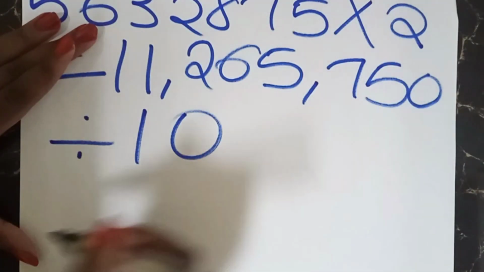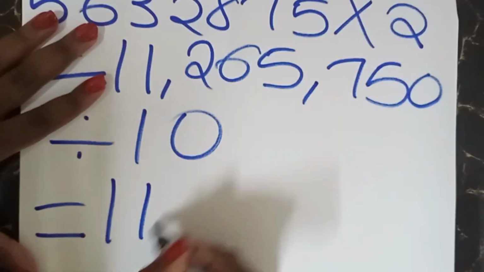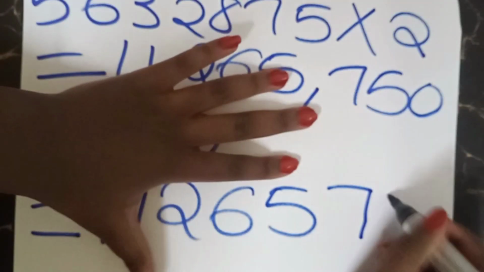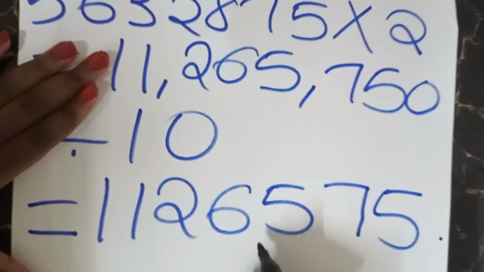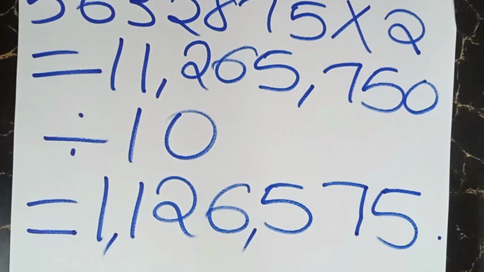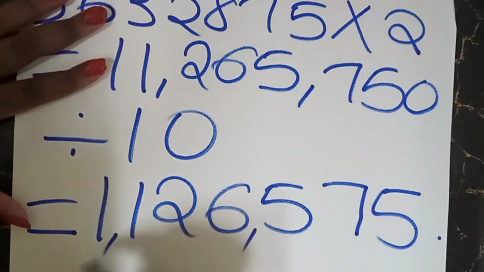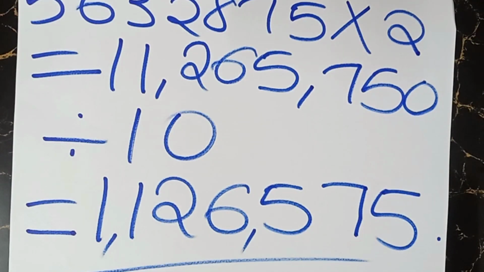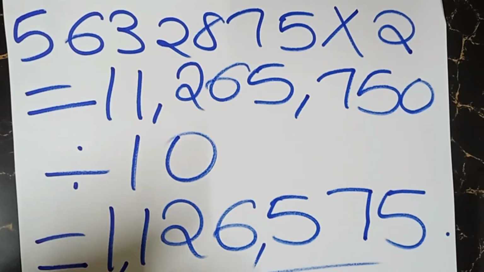You'll remove this 0, so you'll have this, okay? And just like that, we have our answer. So the answer to that question is this number here. Are you together?